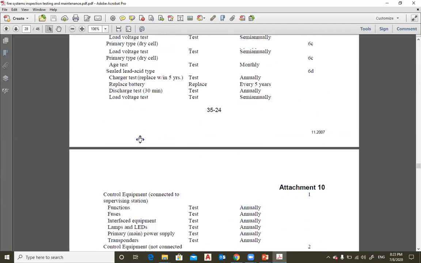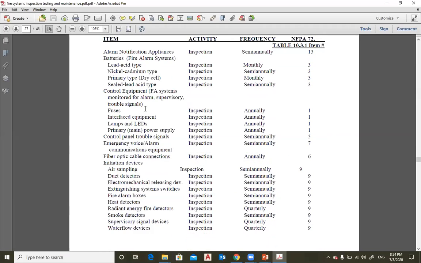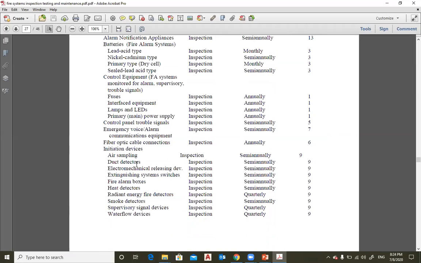You see big because it has many devices, but we will focus on the important things, like duct detectors, fire alarm boxes, heat detectors, smoke detectors, supervisory signal devices, and the water flow device. These regularly come in questions.